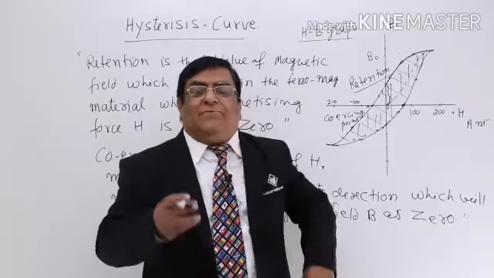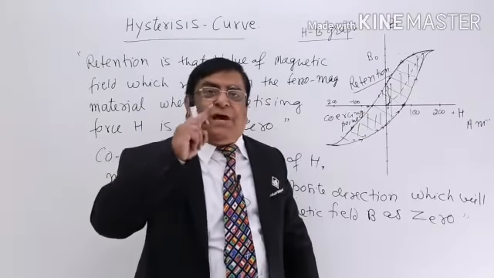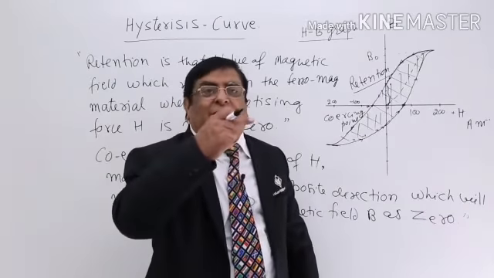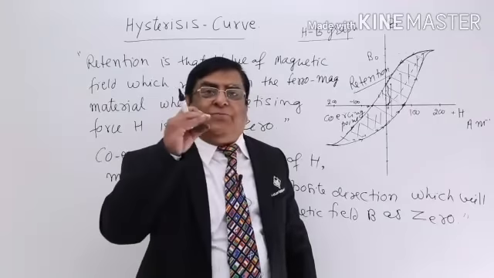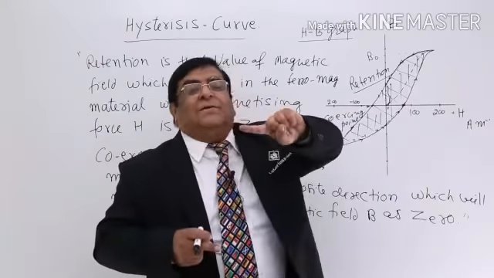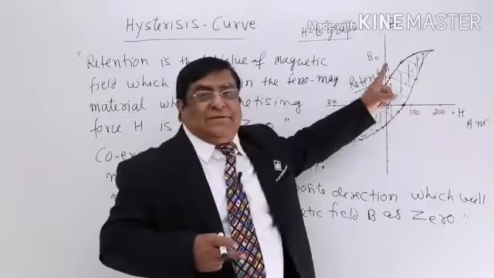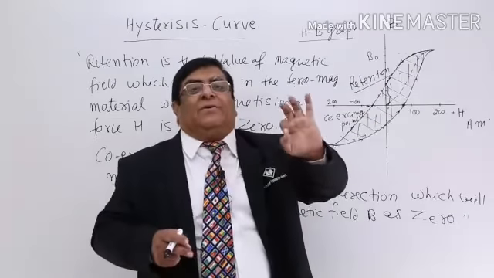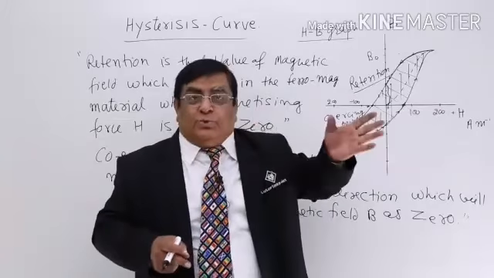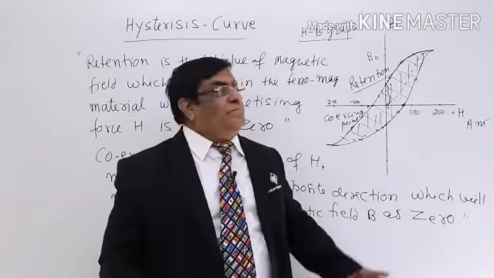That means if by H we are applying an energy of 100, then we find that out of 100, 10 is lost in rotating or magnetizing the material, and what is used is 90.